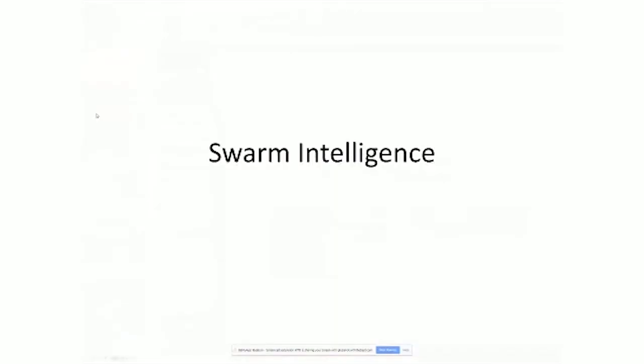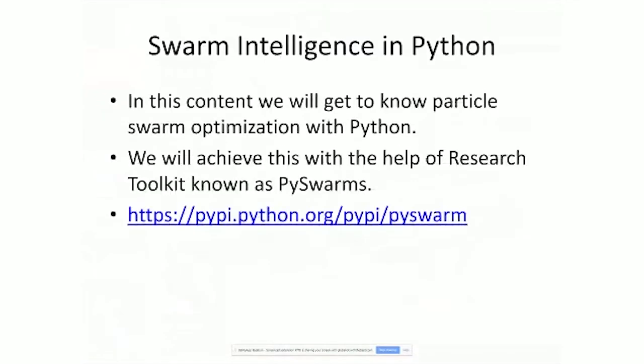So swarm intelligence in Python: the thing we have done, we can also implement using a distribution from Python known as PySwarms. PySwarms is available at this particular place. This is a research toolkit specially available for doing our swarm calculation. So we can get PySwarms from this particular place, that is python.org PySwarms.